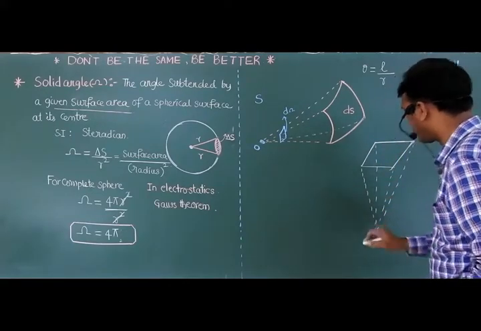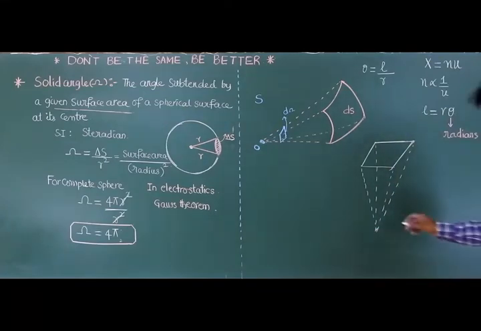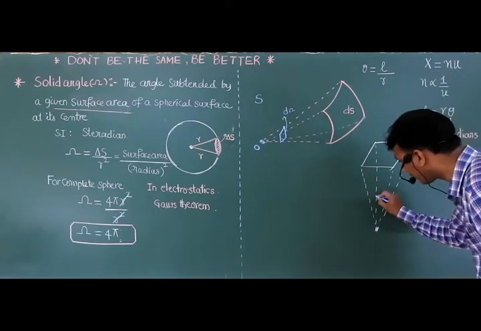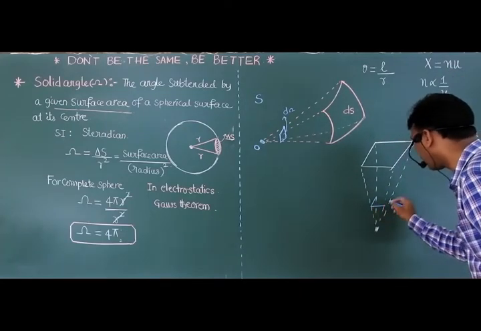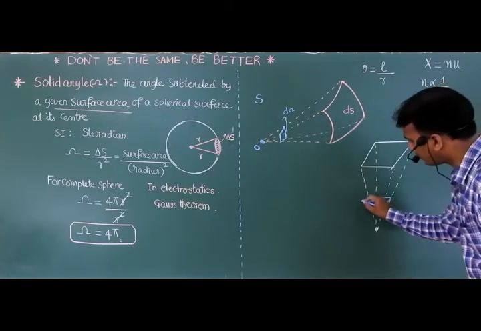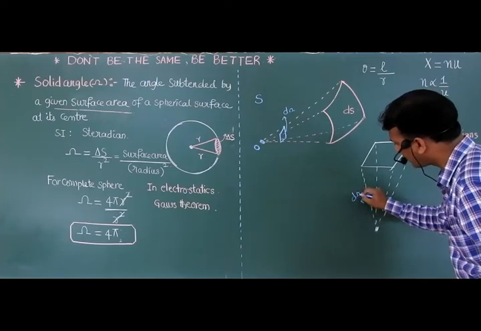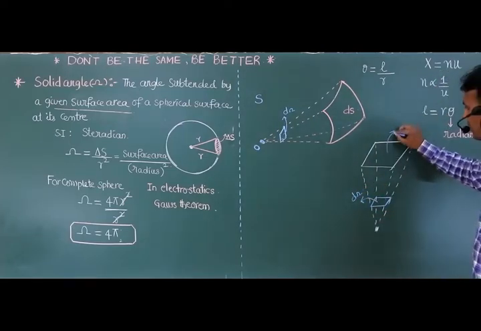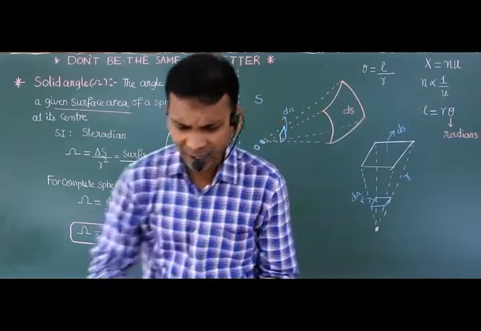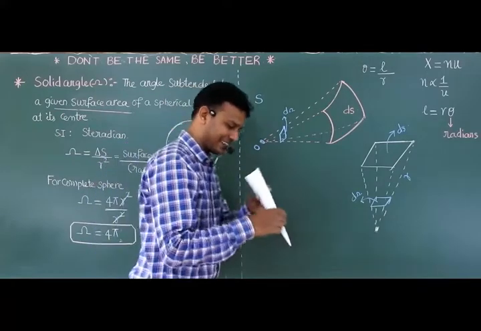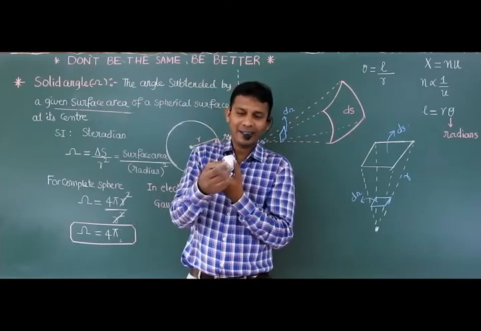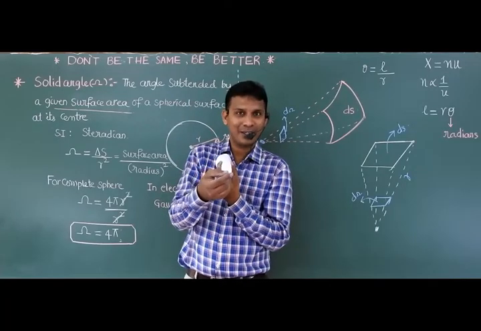The angle is d omega. This is dS. It is r. Now consider a cone at the center of the sphere.